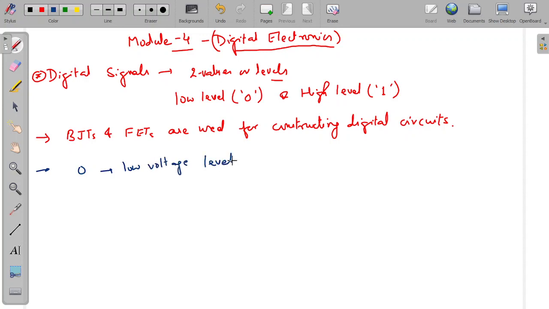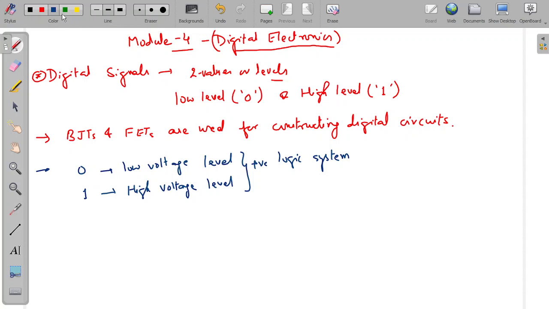If 0 represents a low voltage level, and 1, as the name suggests, represents a high voltage level, then this number system would be called a positive logic system.